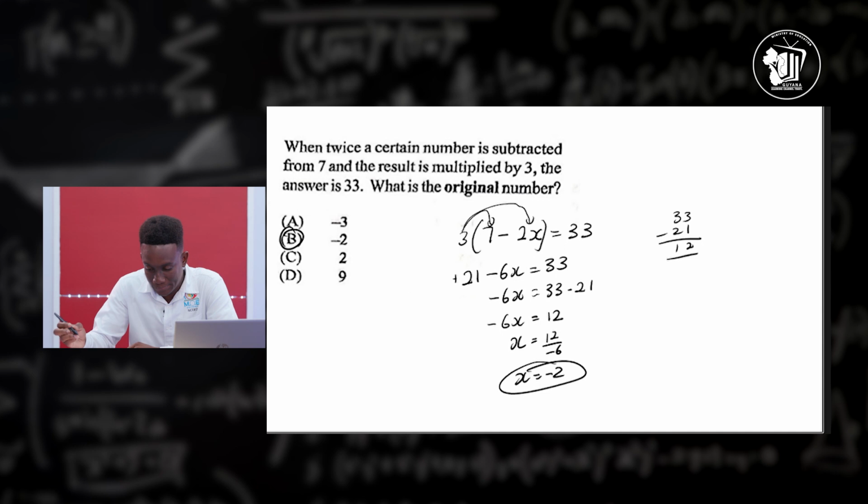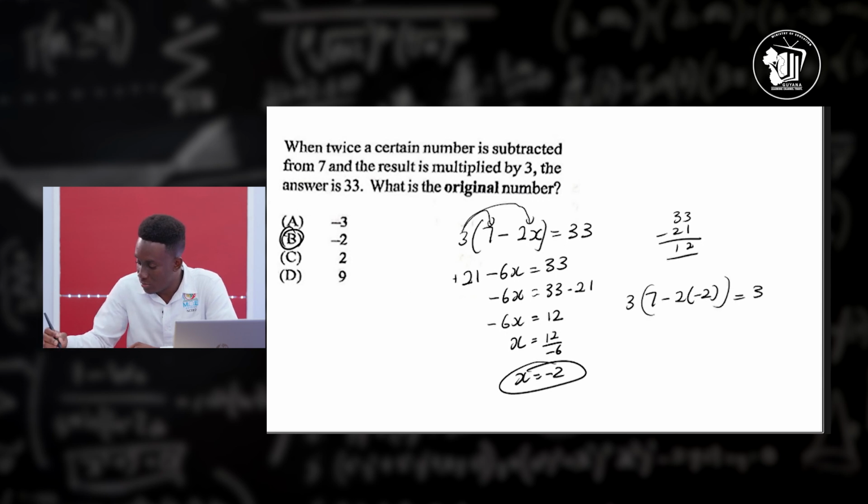And we can check it. When twice a certain number is subtracted from 7, so let's see, 7 subtract 2 times negative 2. This is multiplied by 3. The result is 33. So let's see.